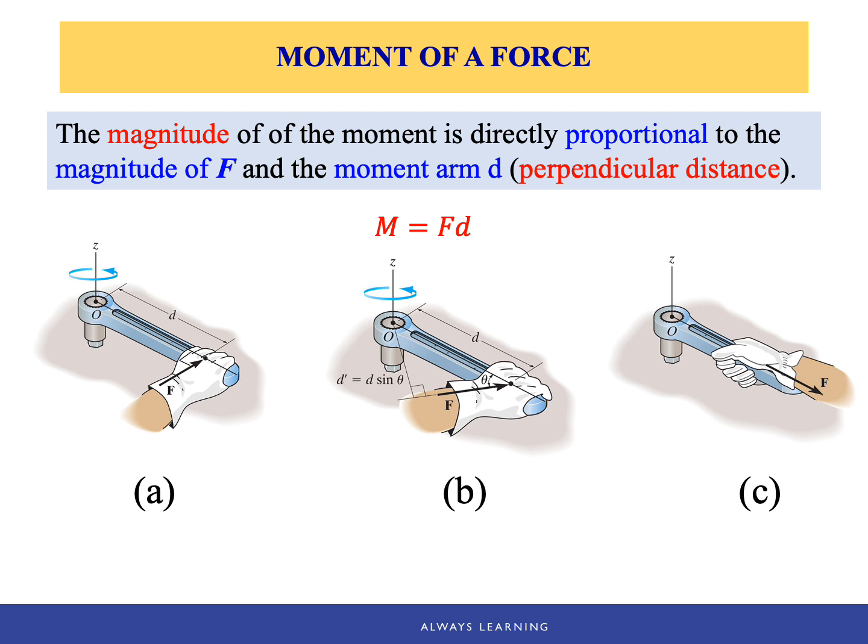In other words, the rotational force becomes 0. So that's why if you pull on the wrench, it will not turn. So here's something we want to pay attention to: if the line of action passes through the point, like in this case point O is on the line of action of the force F, then the moment is 0.